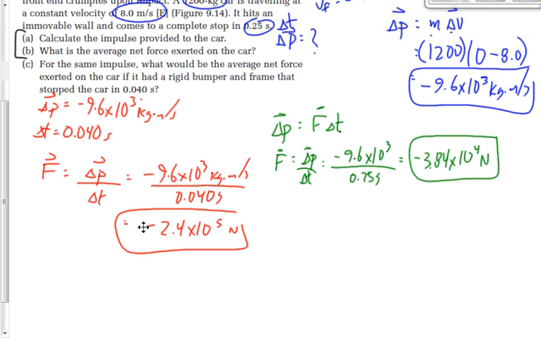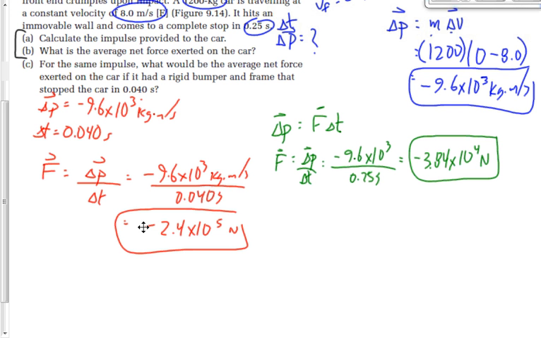What if, God forbid, you're driving at 100 kilometers per hour and you crash into a concrete wall? Well, your impulse is still going to be the same. What isn't going to be the same? Force. And why isn't it going to be the same? Well, because when you're coming to a gradual stop at a stop sign, it takes you a long time to stop.